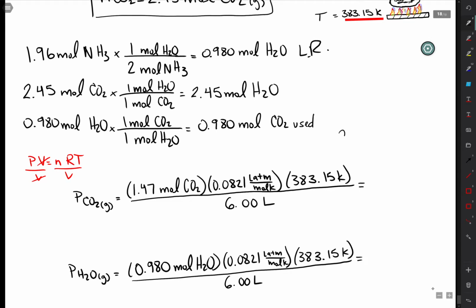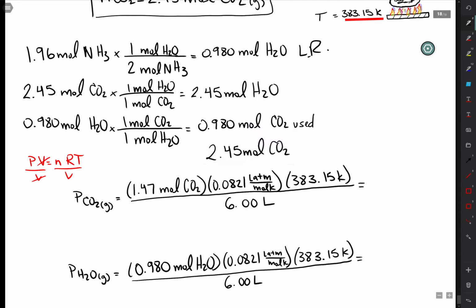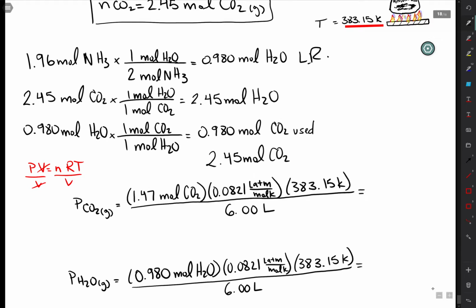So we have 2.45 moles of CO2, and this was the initial amount that we had, and we can subtract the amount that was used, and this would give us the amount remaining, which would be 1.47 moles of CO2.